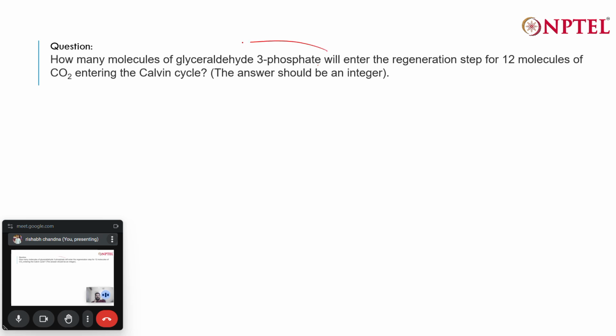So glyceraldehyde 3-phosphate is an intermediate that is formed in the Calvin cycle. At the third step, regeneration takes place for the RuBP, that is ribulose 1,5-bisphosphate.